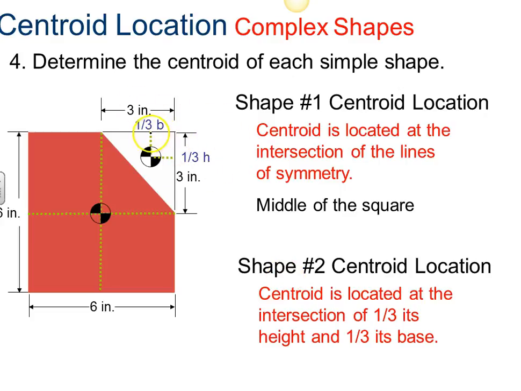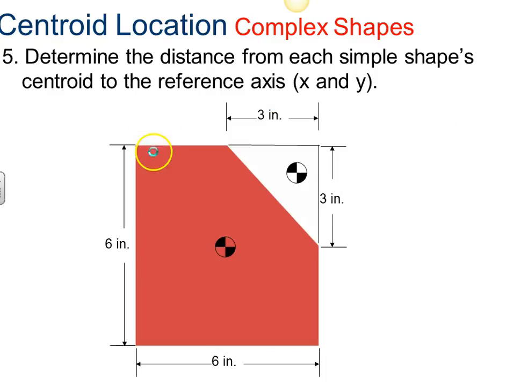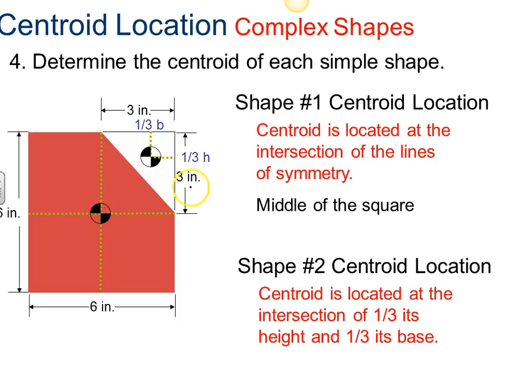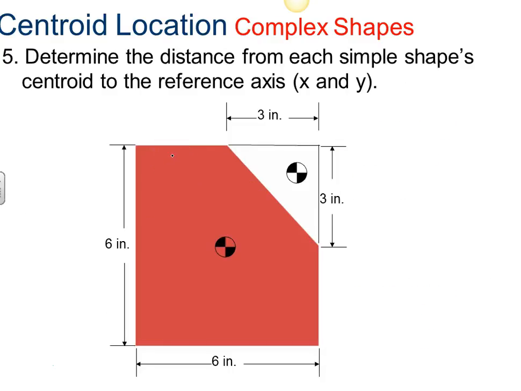So that's an inch on the X and an inch on the Y. That gives our centroid at this point. Next, we determine the distance from each simple shape centroid to the reference axis. 3 inches here, 5 inches there. Do the same for the Y, 3 inches and 5 inches.